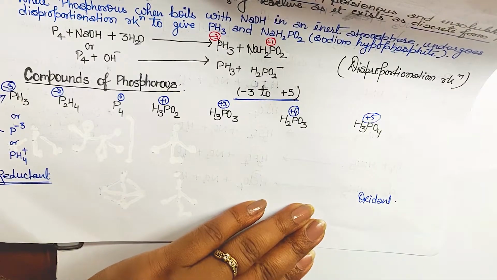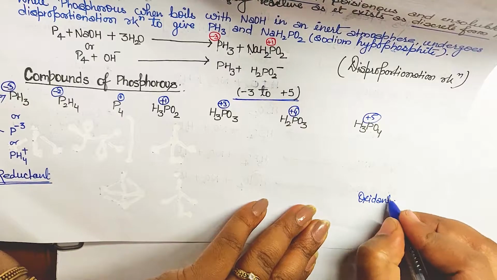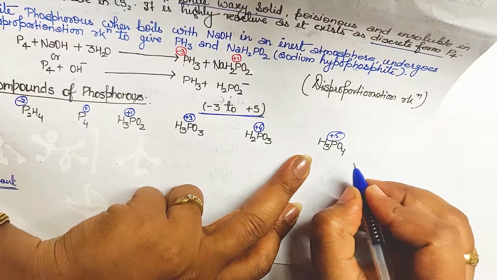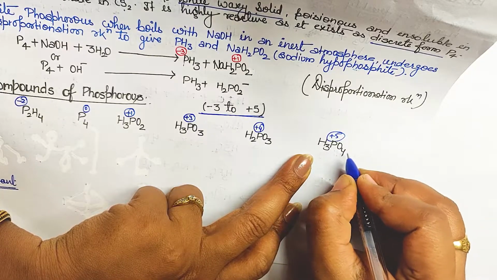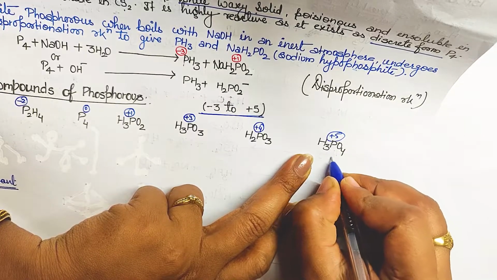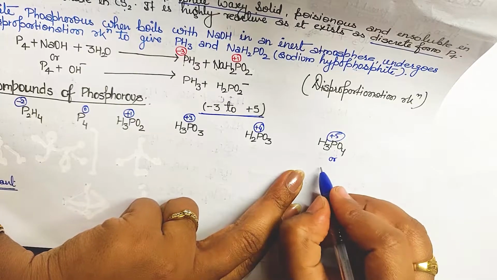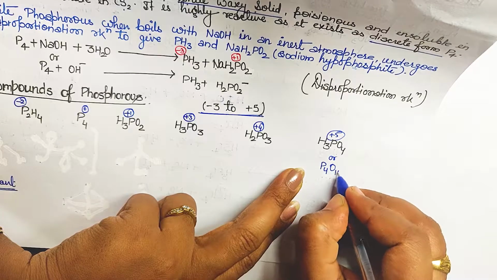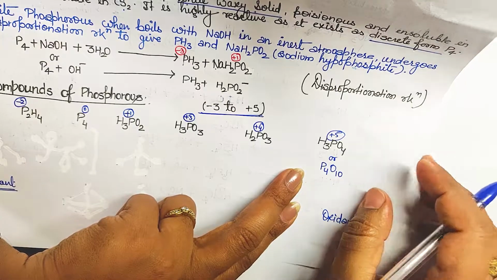Okay. And one more thing I want to tell you about H3PO4. If it exists in the form of an oxide, it will be P4O10, +5. Got it?